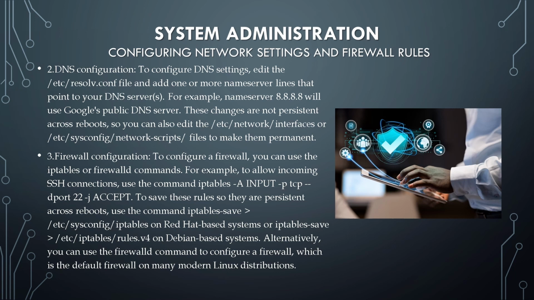3. Firewall configuration. To configure a firewall, you can use the iptables or firewalld commands. For example, to allow incoming connections, use the command iptables -A INPUT -p tcp --dport 20 -j ACCEPT. To save these rules so they are persistent across reboots, use the command iptables-save > /etc/sysconfig/iptables on Red Hat based systems or iptables-save > /etc/iptables/rules.v4 on Debian based systems.